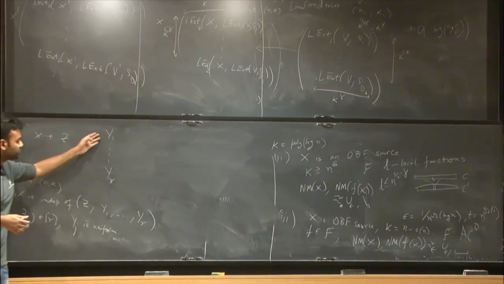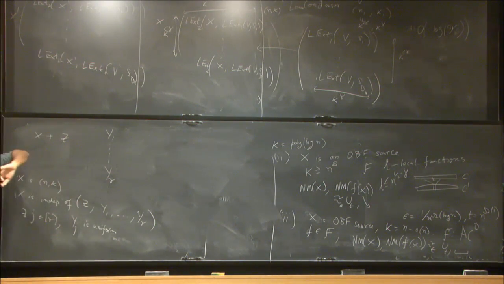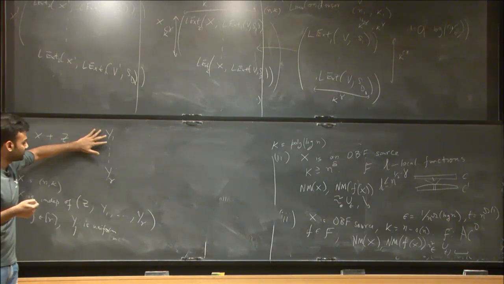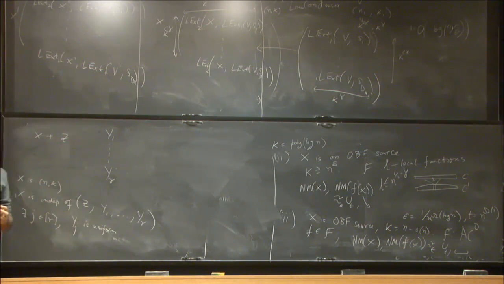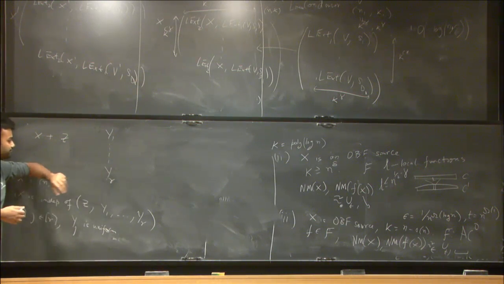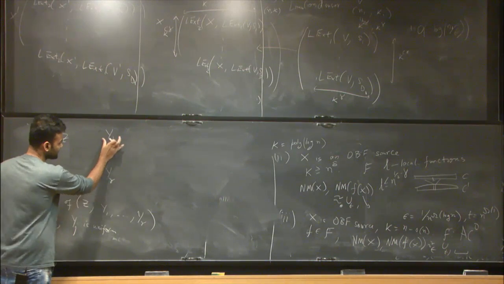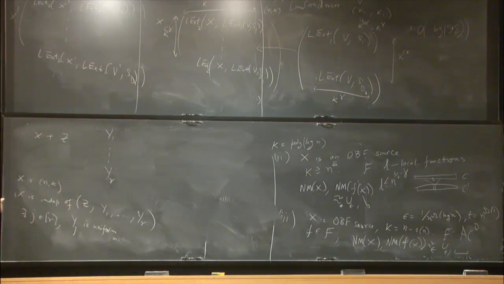Suppose you have a bunch of random variables which are arbitrarily correlated, but all you know is that there is some random variable here which is uniform. Then can you use some additional resource to break the correlation between these random variables? This random variable is uniform, but you do not know if there is some other variable which is also the same as this.